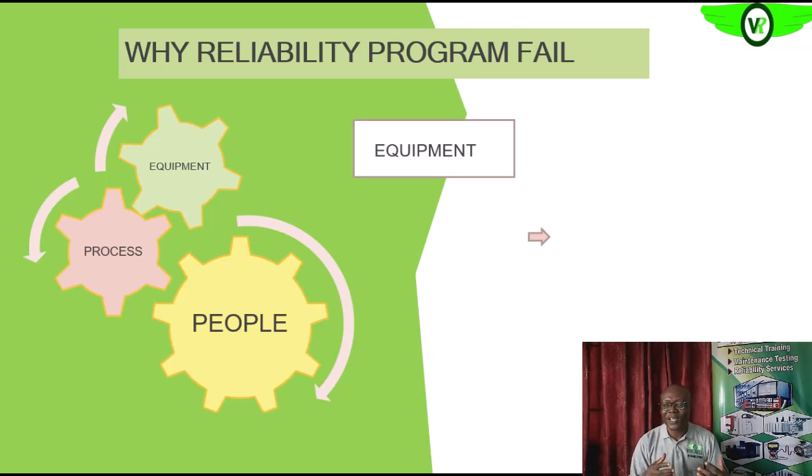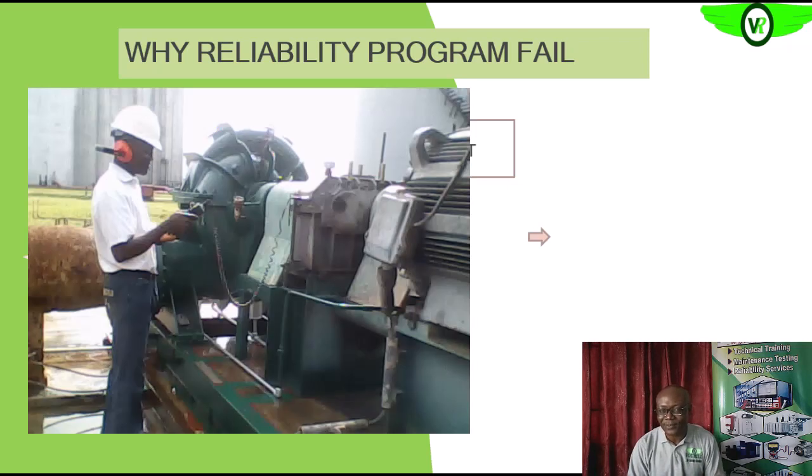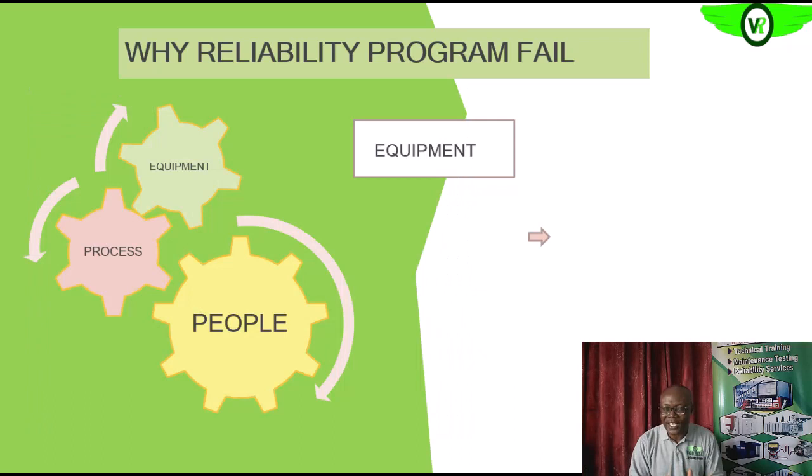And that facility may decide to say, okay, we want to improve reliability, let's go for vibration monitoring and analysis. Now, when you go for vibration monitoring and analysis, or even oil analysis, you see that your concentration is on the equipment.